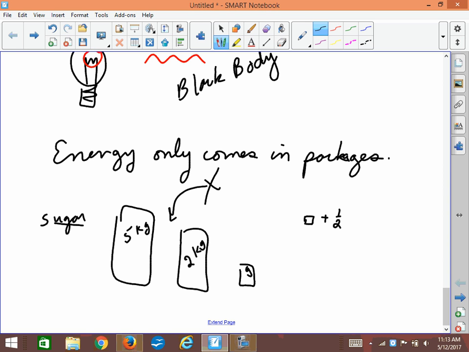You've got to buy 2 crystals. And even, well, let's break the crystals apart. Okay, well, then you can only buy 1 molecule of sugar. You can't have half a molecule because if you break the molecule of sugar, it's no longer sugar. So there are limits to how much sugar you can buy. You can't buy 1.5 molecules of sugar even at the bulk barn.